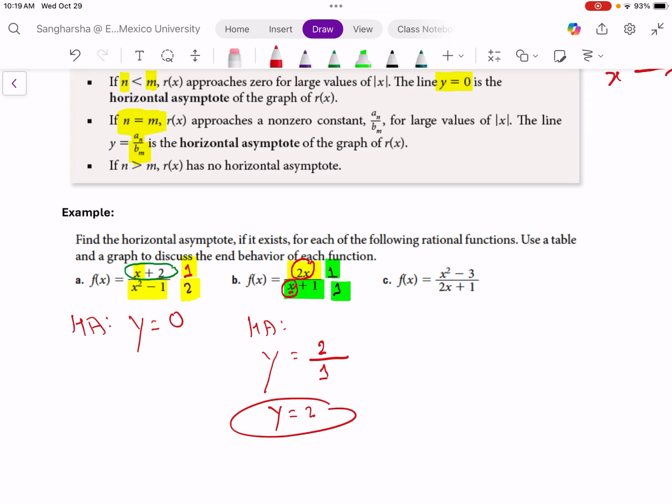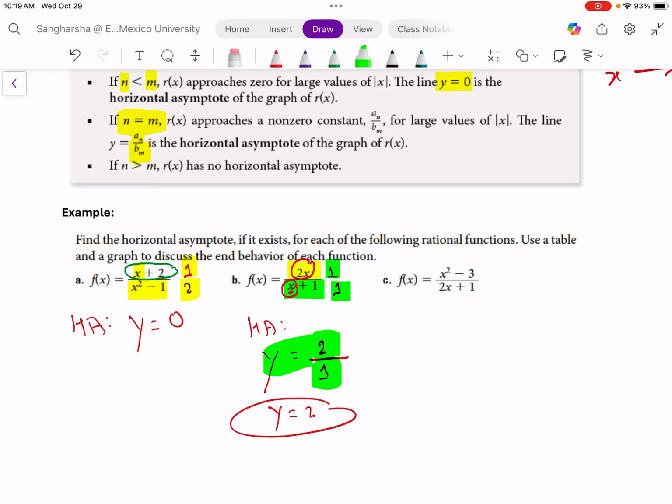This is the coefficient of the leading term from the numerator, and this is the coefficient of the leading term from the denominator. This will be the horizontal asymptote for this function.